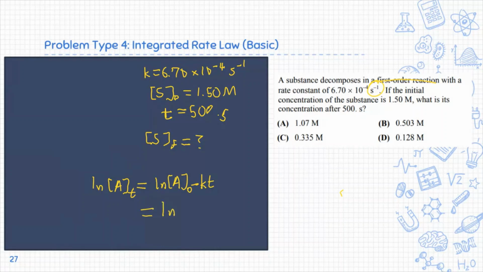This ln 1.50 M minus k, put that in the calculator, and then t, put that in the calculator. And let's see what we get. ln 1.5 minus 6.7. Make sure to take the natural log out.